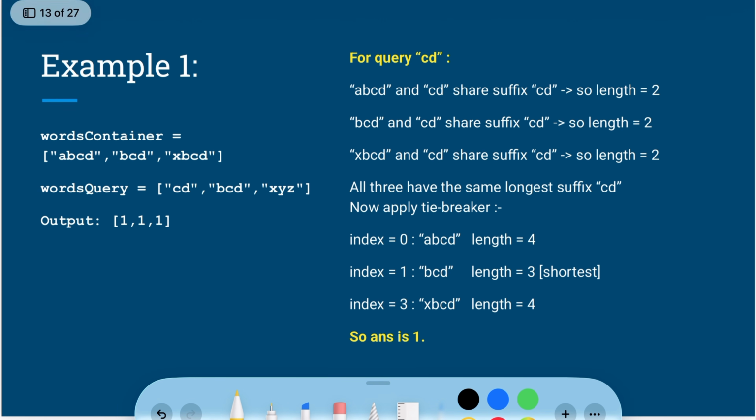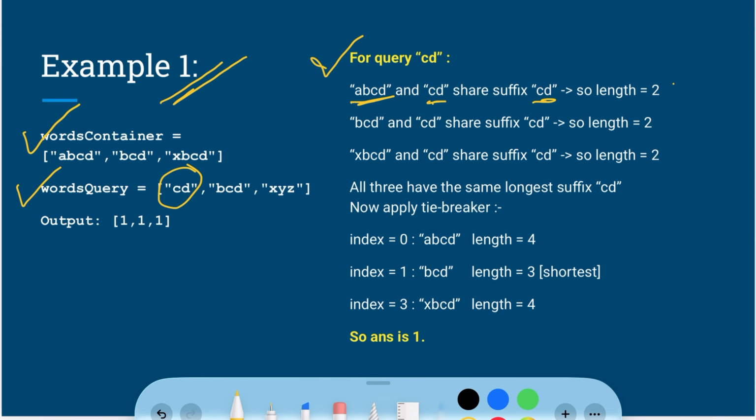Now let's come back to the example so you will understand. We are given the words container, then the words query. Let's suppose we go for the very first query, then we'll go for the others. The very first query is CD. If you see ABCD and CD, they share the suffix CD, and the length is 2.